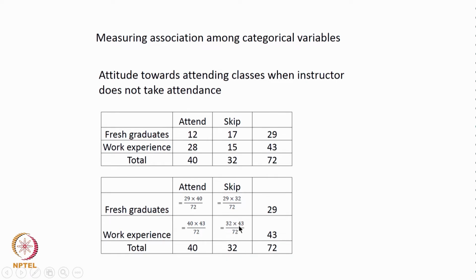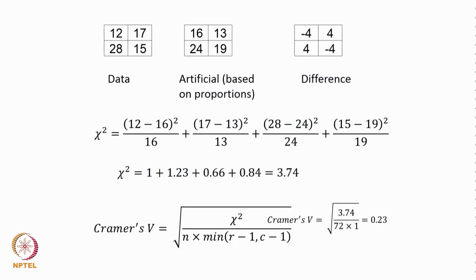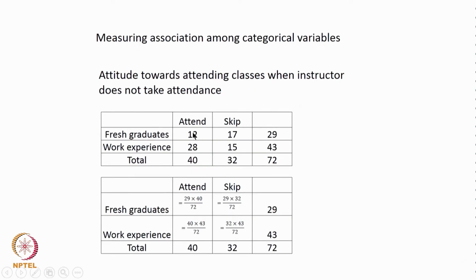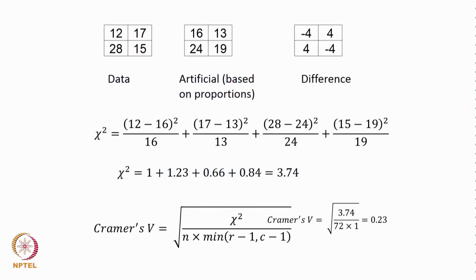So, we can calculate these numbers, and these numbers are calculated and shown here. So, the original data is 12, 17, 28 and 15, and the new calculation, for example 29 into 40 by 72, will be 29 into 5, 5 8s are 40, 9 8s are 72, 29 into 5 by 8, and that would become 16.